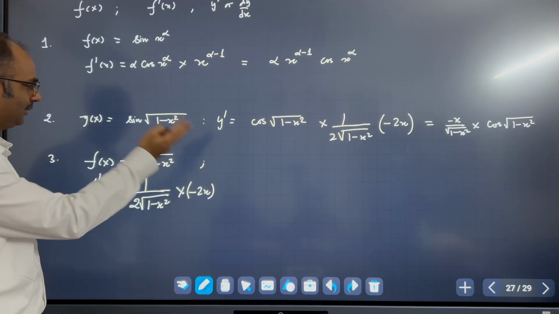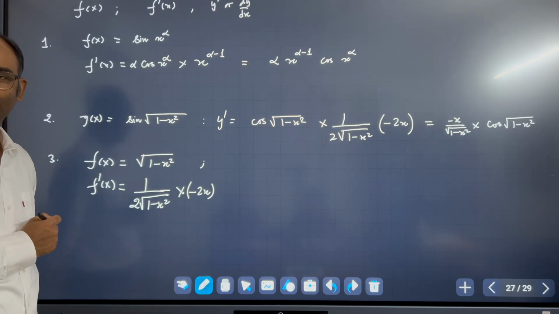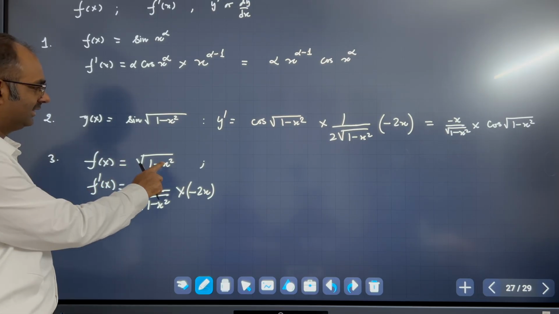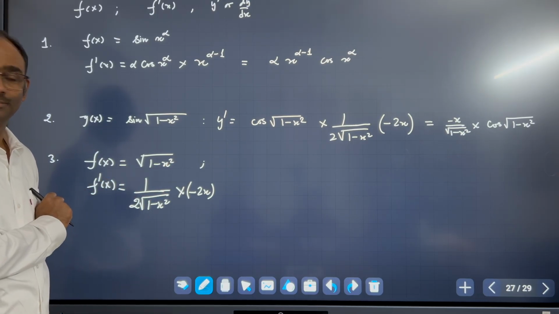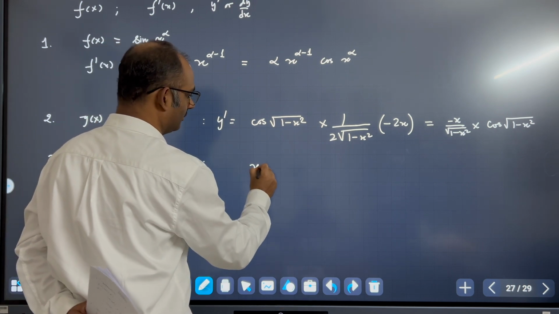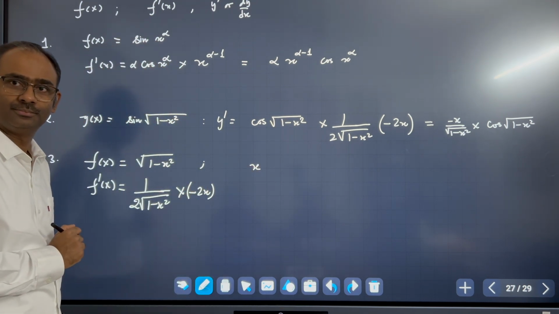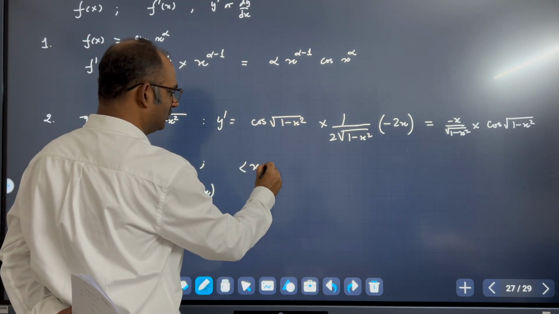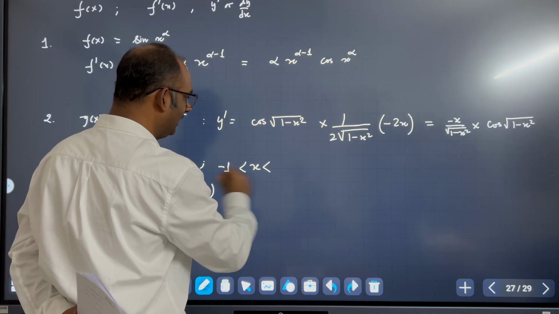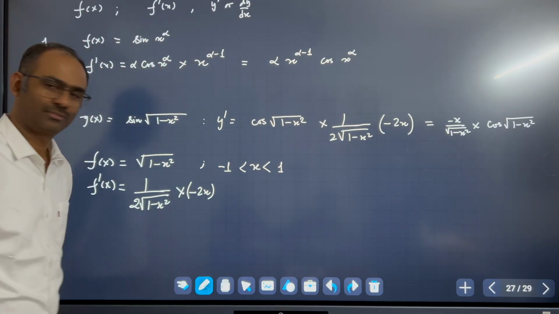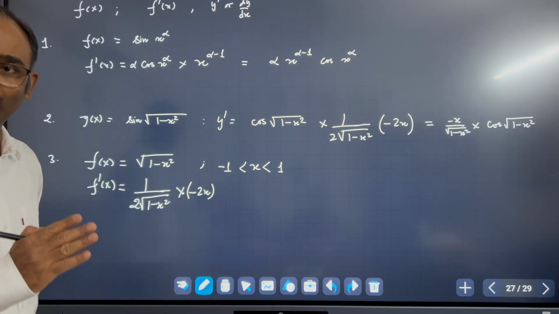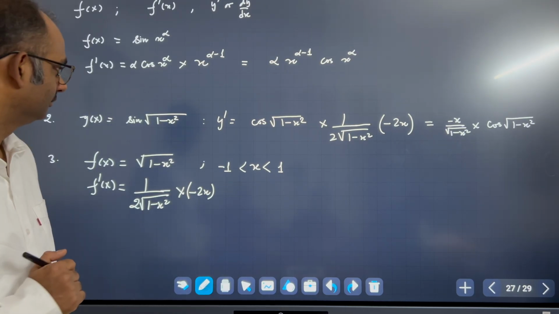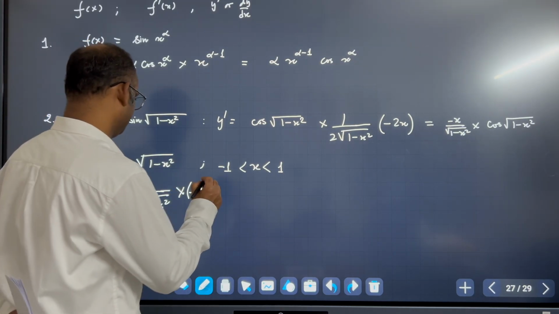Can x take any possible value? If x is larger than 1, it becomes... It has to be between minus 1 and 1. Or equal to. Equal to is also fine.